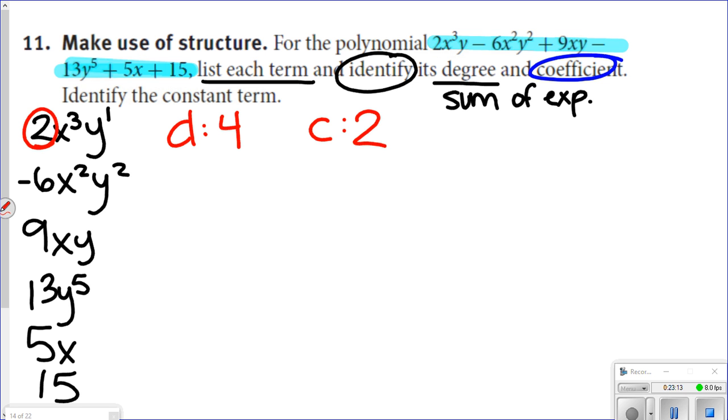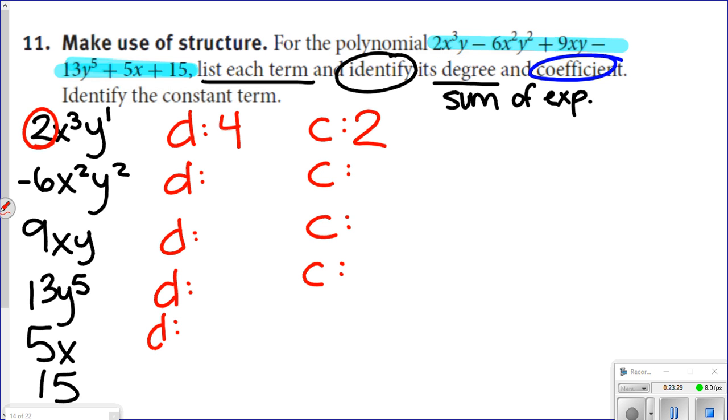All right, keep going. Pause the video, and I want you to try to finish all of these. So the degree here, 2 plus 2 is 4.